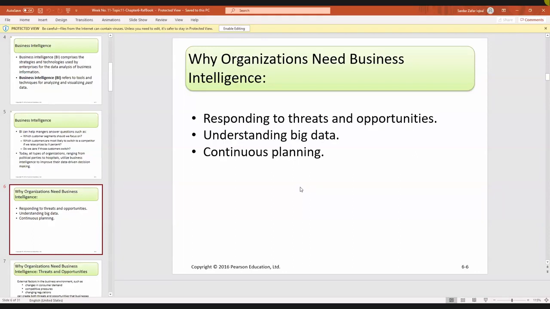Have you heard this term, big data? Anybody knows? It's not very new, but it's very famous nowadays. Data science, big data, business intelligence, playing with data.